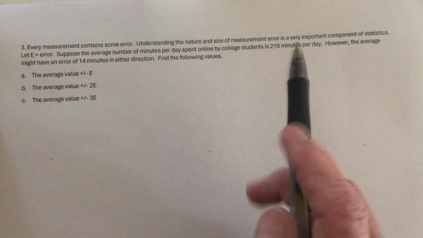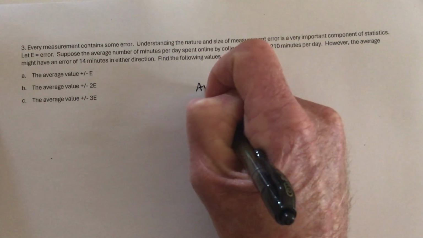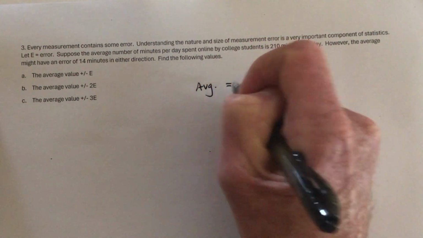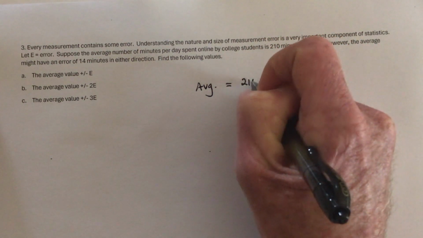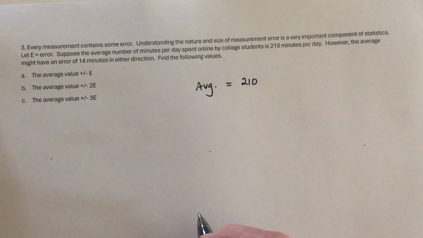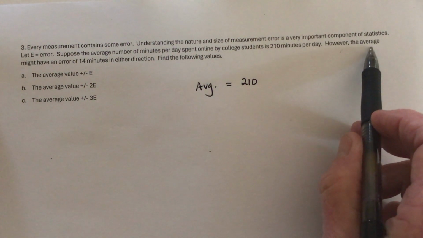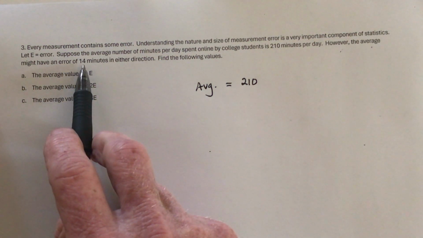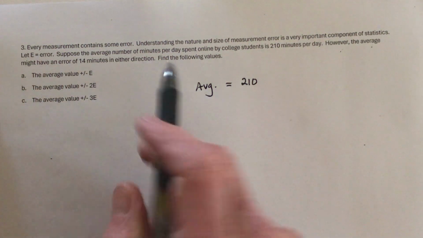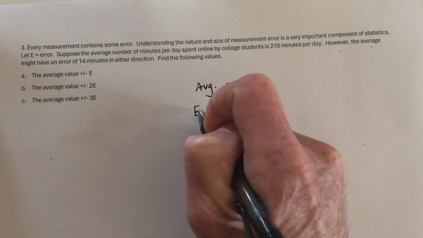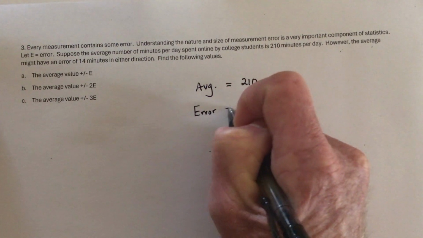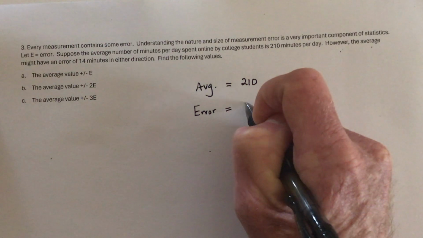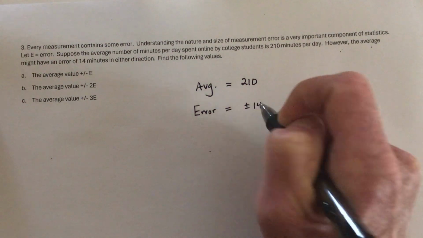But they're saying that the average, and I'm just going to abbreviate it as average, equals 210 minutes. And then the average could have an error of 14 minutes in either direction. So in other words, the error could be plus or minus 14.